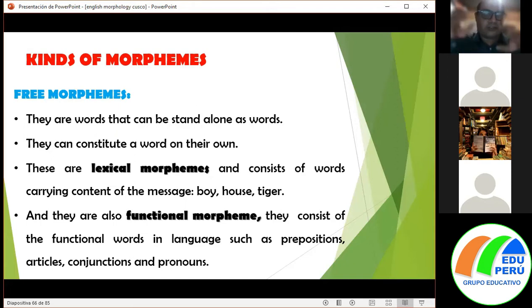So why do we call them functional? Because they belong to function words. They don't have a definition. Can you give me a definition of the preposition of?